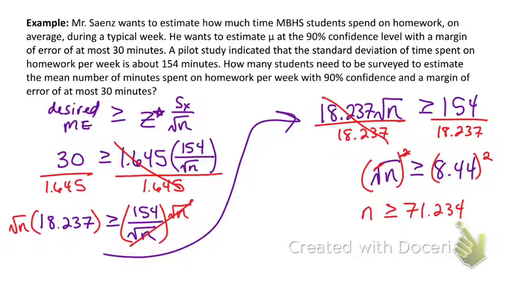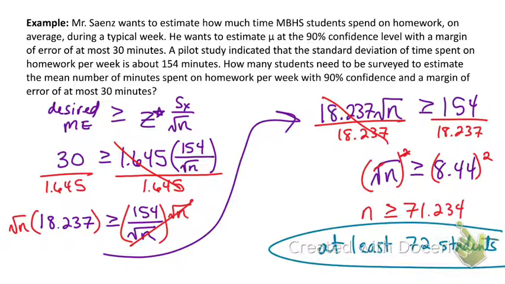At least 72. Remember, because this says n has to be greater than or equal to this, we always have to go up here. So we need to talk to at least 72 students. Cool. What questions do you guys have about this?